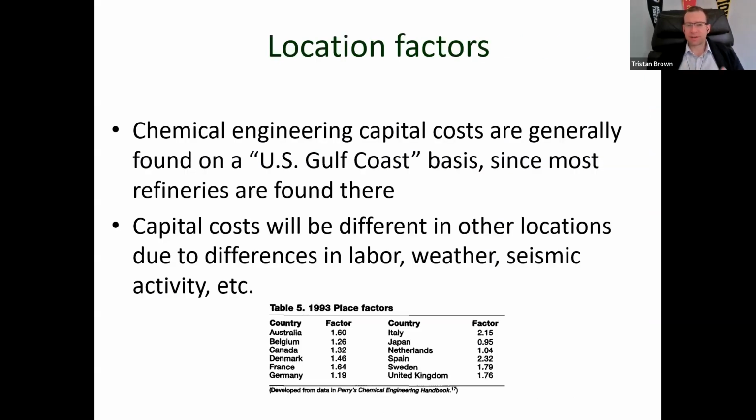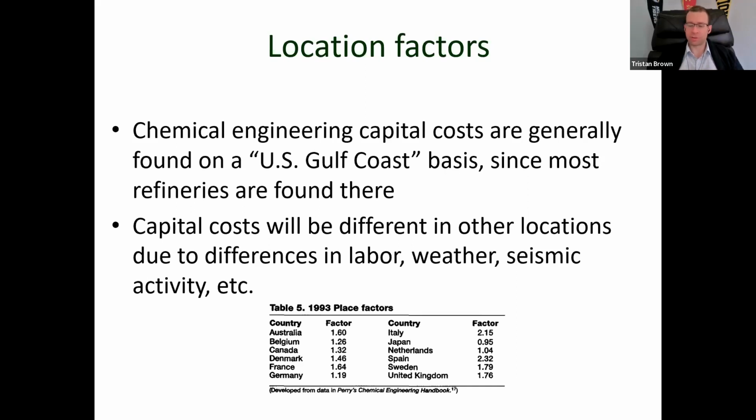The other important factor is location, right? Especially when we start talking about a specific area, so not that site-specific estimate I was talking about earlier, but let's say that you want to build something in Pennsylvania or New York. Chemical engineering capital costs are generally found on what's termed a U.S. Gulf Coast basis. And that is simply because historically chemical engineering has primarily been about refineries and petrochemical facilities.